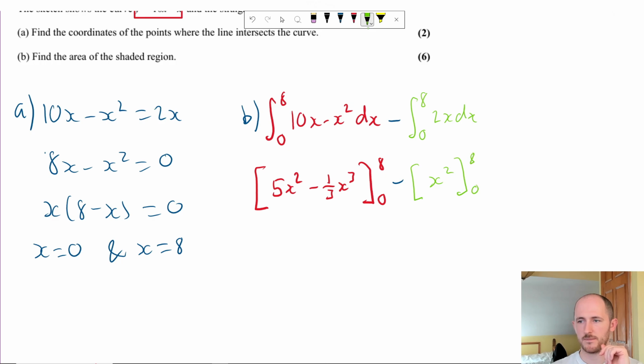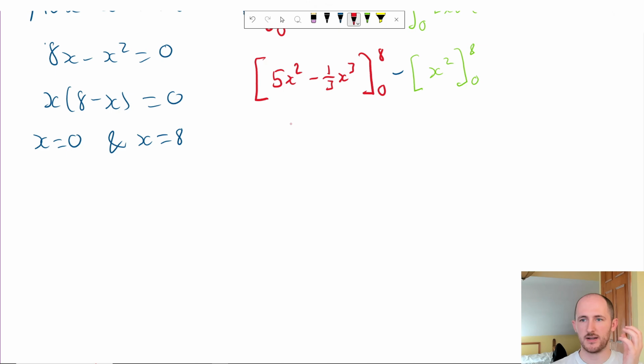Between 0 and 8. And again, remember, with zeros, the answer is always going to be 0. So I actually only need to sub in the 8 for both of these. Right? So 5 times 8 squared minus a third, 8 cubed. And again, I'm technically minusing 0, so I'm not even going to do it.